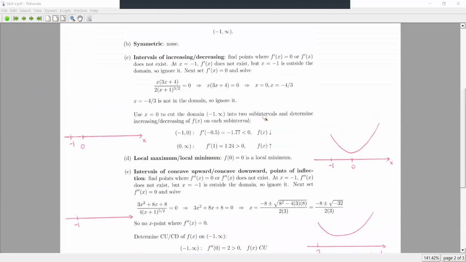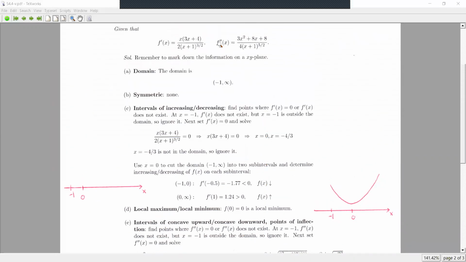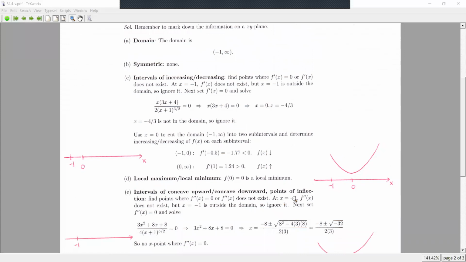The second derivative is here, we are given here. The point that makes the second derivative not exist is negative 1, because when x is negative 1, the denominator is 0, so it doesn't exist. However, negative 1 is outside the domain, so ignore it.